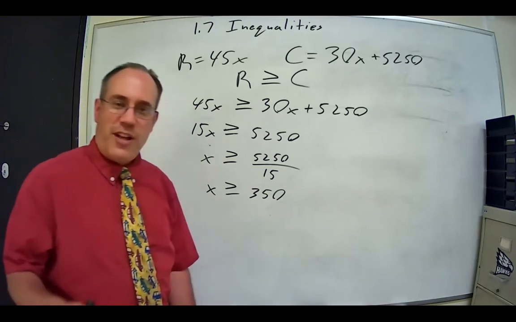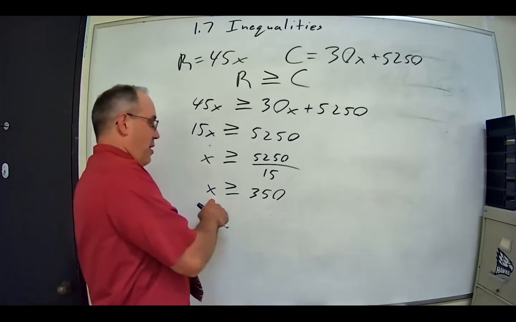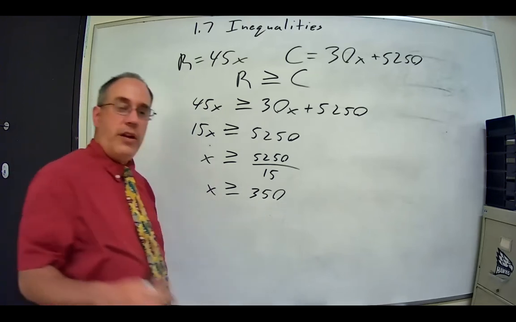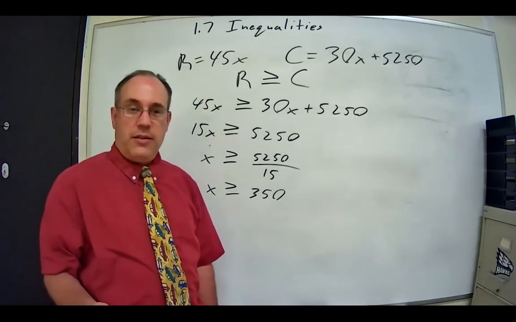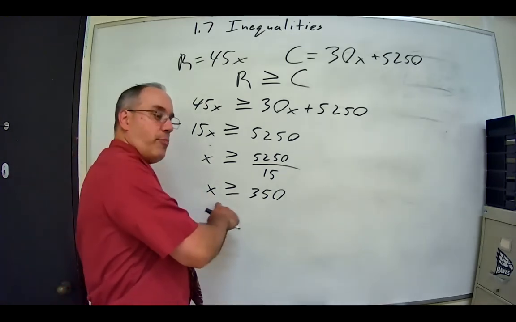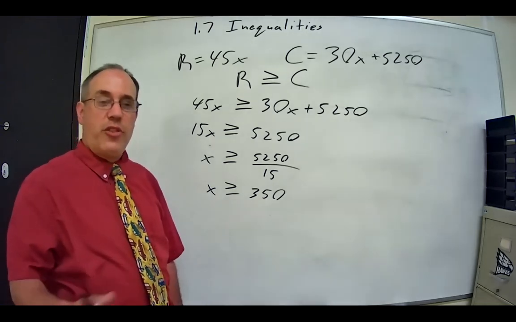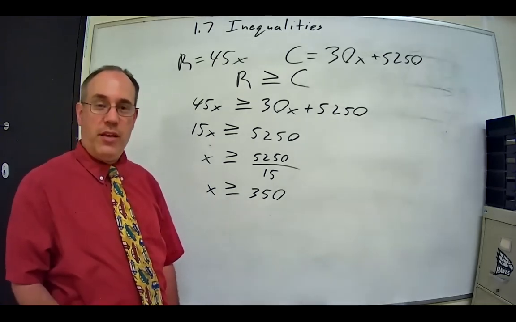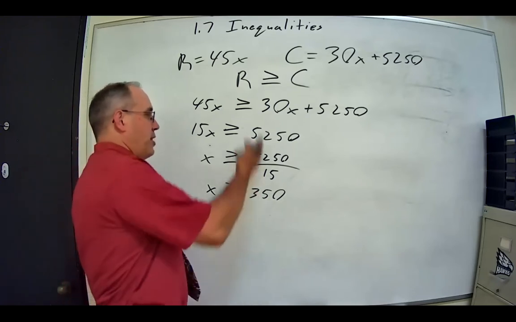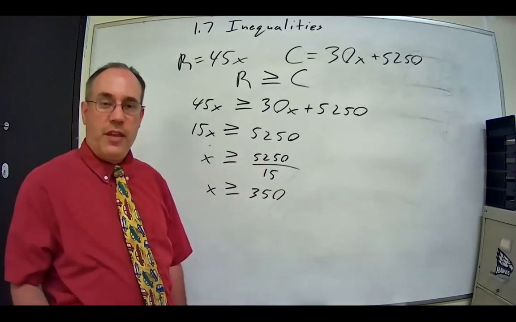So I'm going to give you a little philosophical answer for this. That's a break-even point. You are not losing money at that point. But what are you doing? You are providing employment to other people so they're making money. You are providing something that people want or need, so you are making people happy.